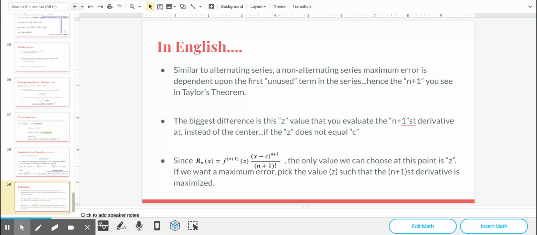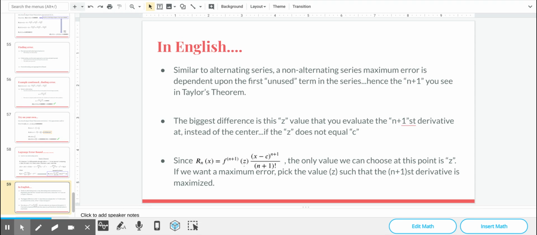Whatever value in between 0 and 2, including 0 and 2, maximizes that derivative, whatever the highest value I can get out of this piece right here, that's the input value that I'm going to make z equal to in our case for the Lagrange error bound.